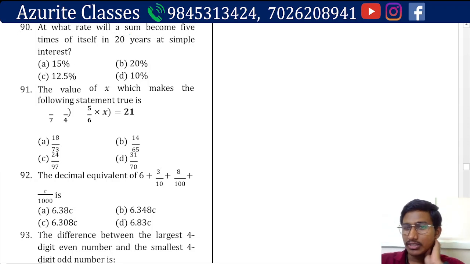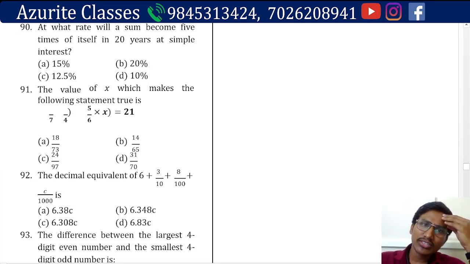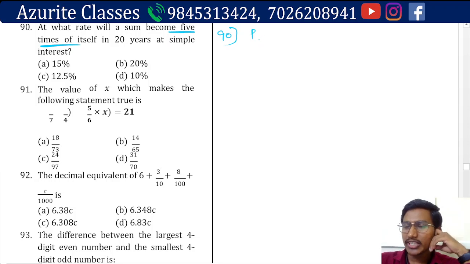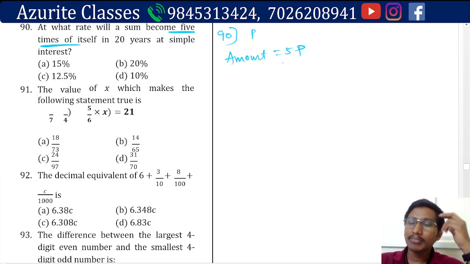So I will tell you a shortcut. The sum becomes 5 times of itself. So take the principal as P, the amount will be 5 times of the principal.